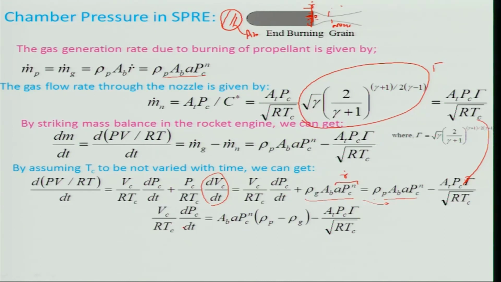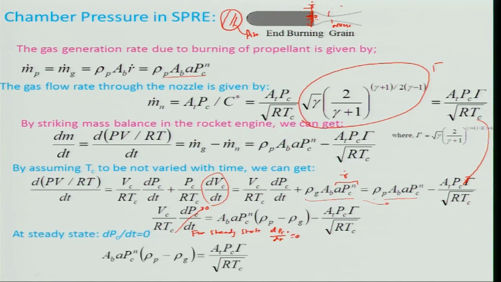And if I assume steady state, that means dP_C by dt is 0. Then I will get A_B a P_C^n (rho_P minus rho_G) equals A_T P_C Gamma divided by root R T_C. It is just simple under steady state condition.